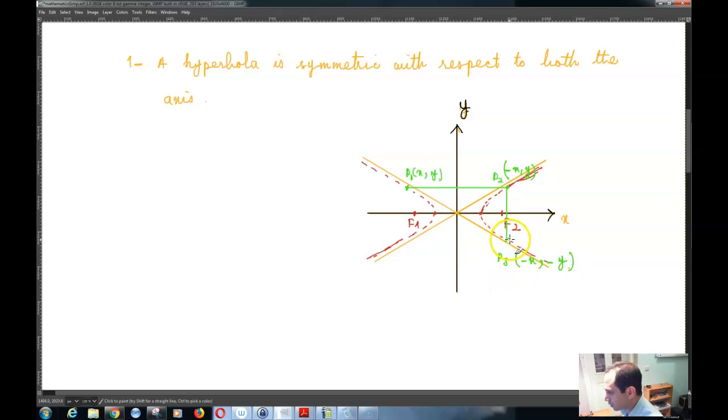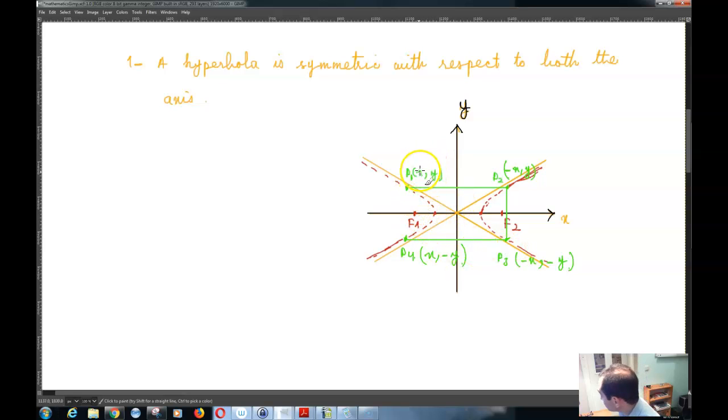And from the point over here, symmetric with respect to the y-axis, I will get to P4, with negative y and the algebraic opposite of x, meaning negative x and negative y, and so on and so forth.